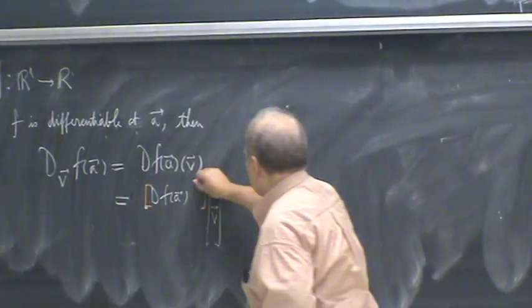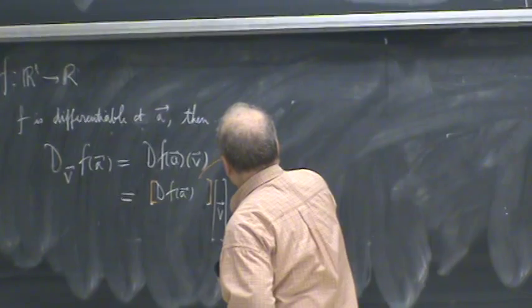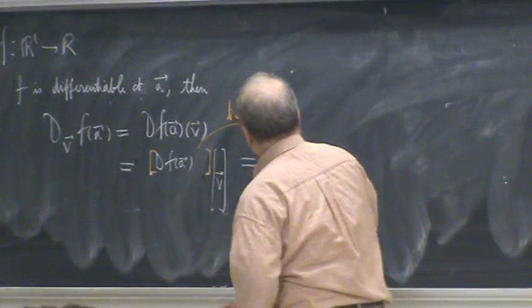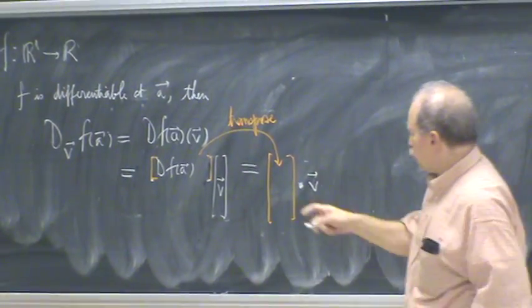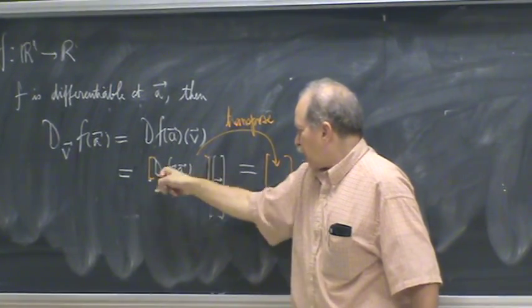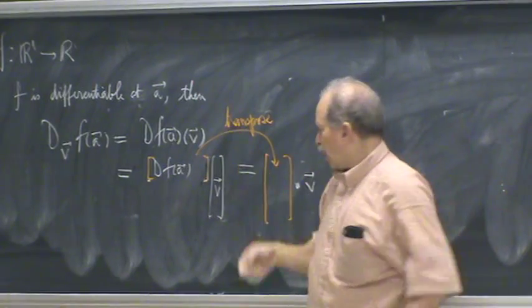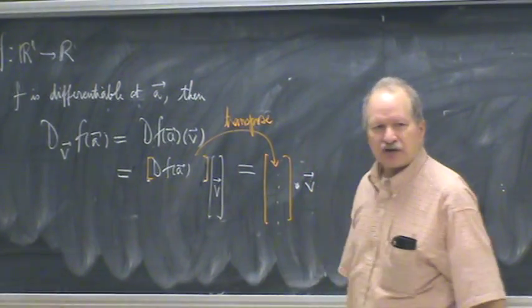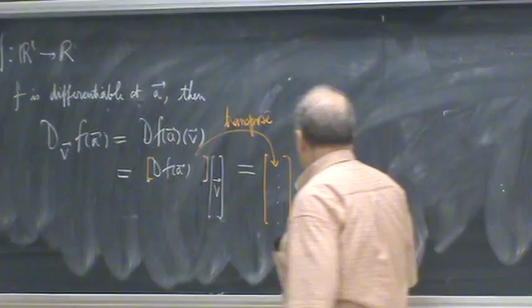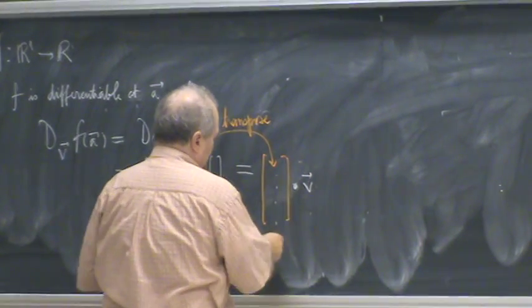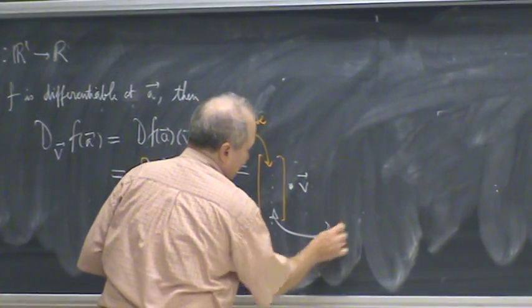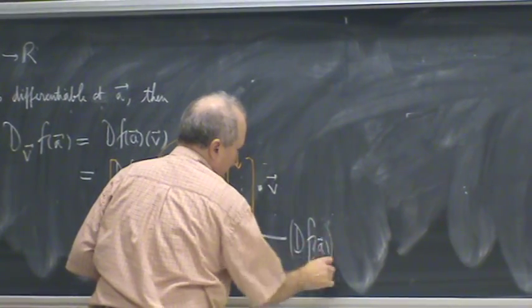So instead of having the partial derivatives at A going across this row, I've now got partials going down this vector. So this orange vector here is the transpose of the derivative matrix.